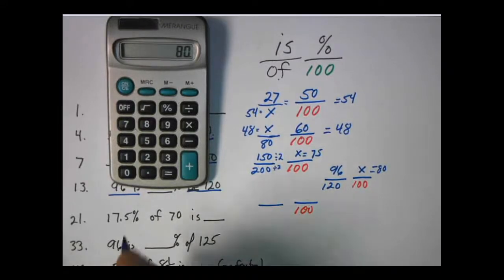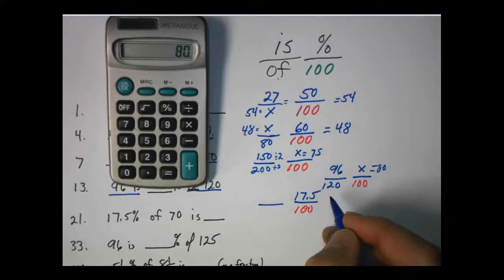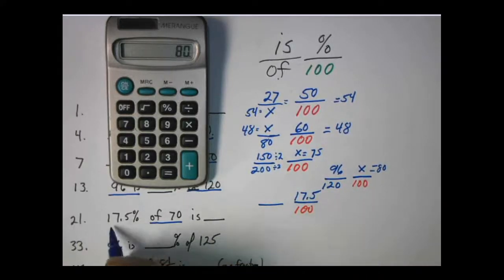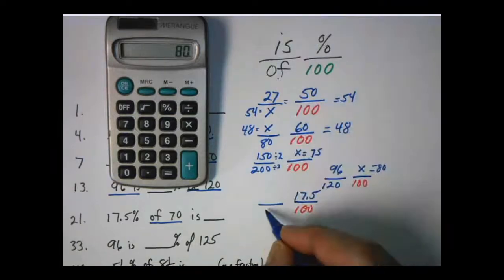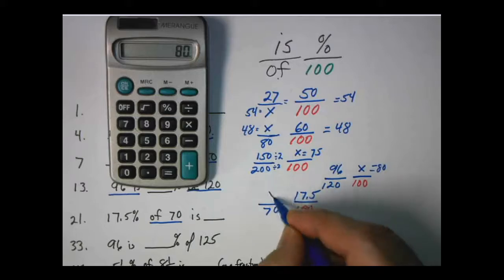So as they start throwing more and more interesting things at you, it's not going to change how we do the problem. Percents are always over 100. So 17.5 of 70. Ofs are on the bottom. Is blank. Is on the top, so that's the blank.